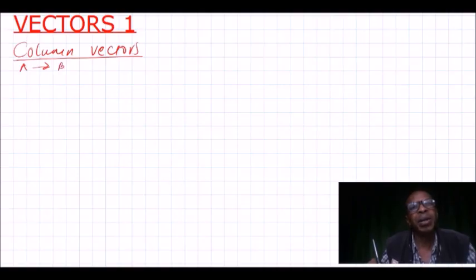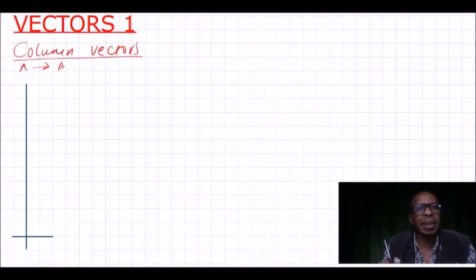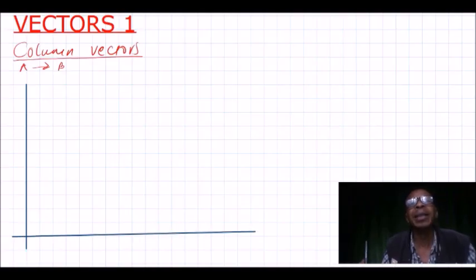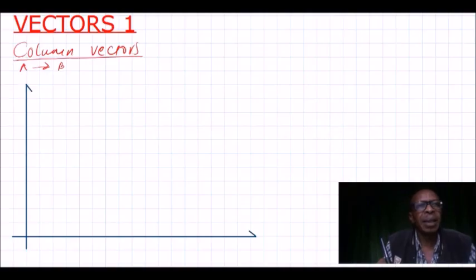We are going to use the Cartesian plane to describe that. So let me draw a Cartesian plane here. This is our x-axis, and this is our y-axis. I'm sure you have dealt with the Cartesian plane.